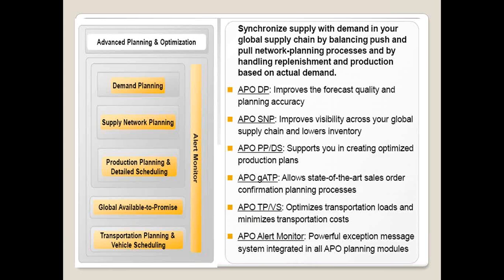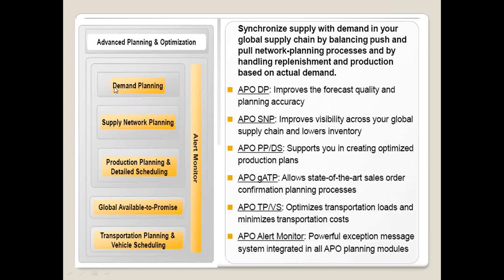Then only are you good to go for the GATP training. TPVS: actually SAP implemented a new module, TM, transportation management. After that SAP stopped this module, because whatever was in TPVS functionality, they moved into the TM module, and it is more advanced also. That is why now there is no TPVS in the market.